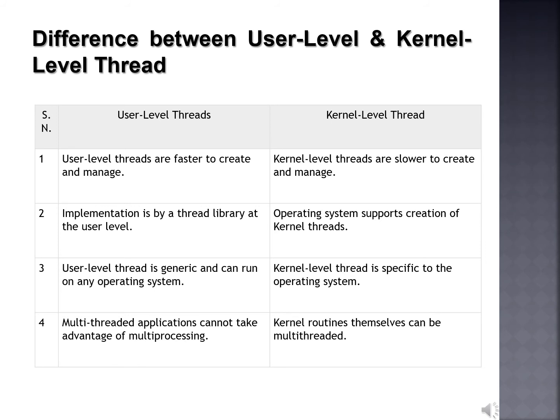User level thread is generic and can run on any operating system, whereas kernel level thread is specific to the operating system. Multi-threaded application cannot take advantage of multiprocessing, but in kernel level thread, kernel routines themselves can be multi-threaded.